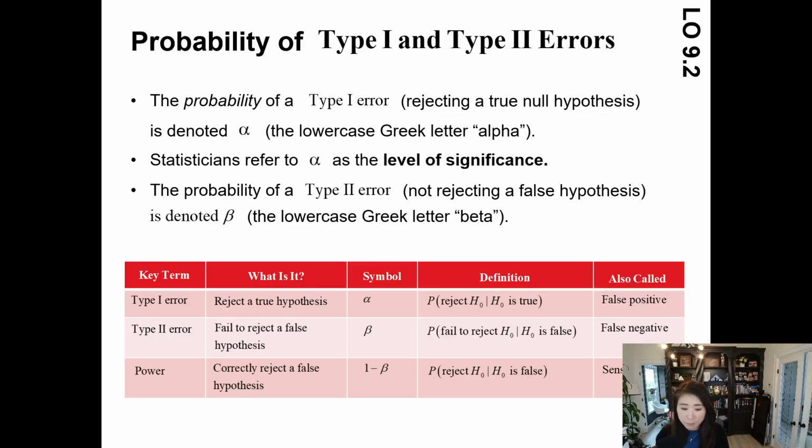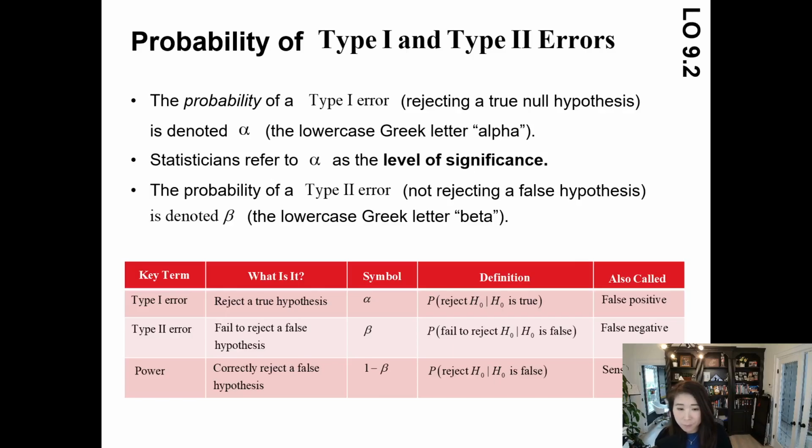Before we move on, I want to talk about one example because that's related to your homework assignment. Think about it: the probability of the type 1 error is denoted as alpha. So let's say alpha equals 0.01. Let's look at what this 0.01 actually means.